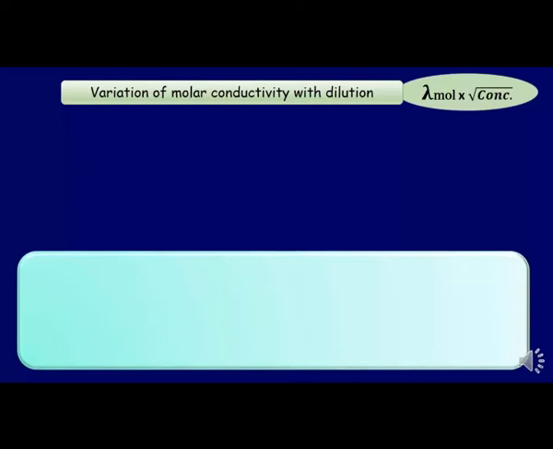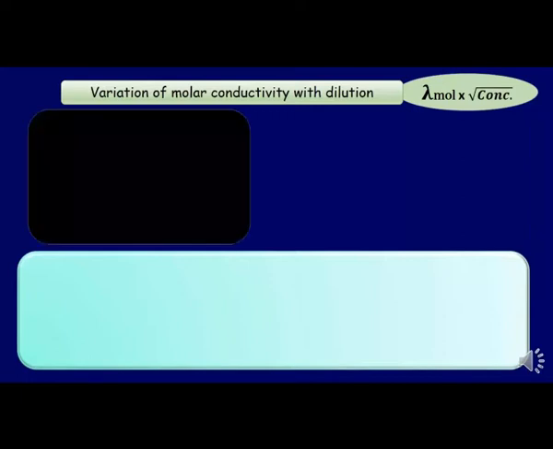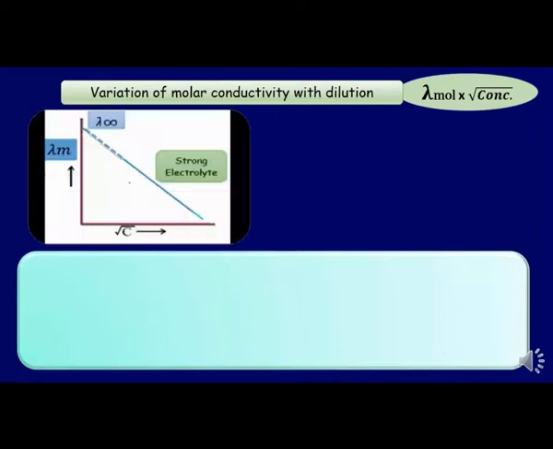Let us look into the graph of the strong electrolyte. You can see in the case of a strong electrolyte, it is a straight line.